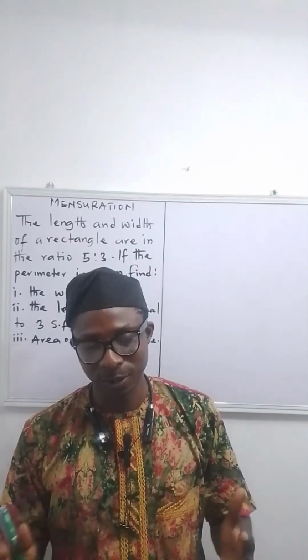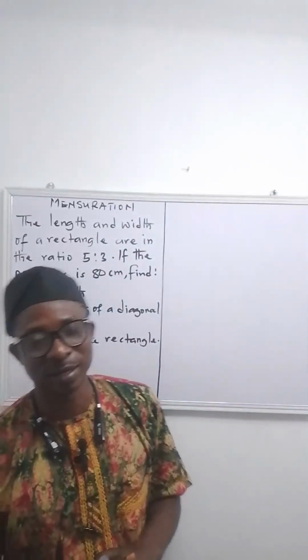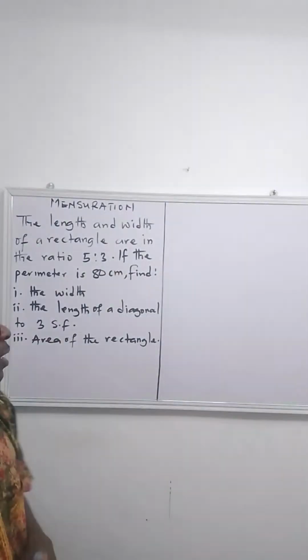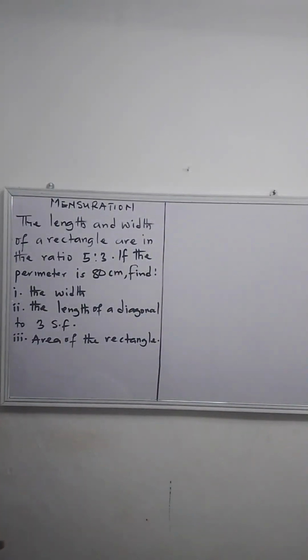So let's look at the problem we have here. The question says the length and width of a rectangle are in the ratio 5:3. If the perimeter is 80 centimeter, find: 1, the width; 2, the length of a diagonal to 3 significant figures; and the last one, the area of the rectangle.